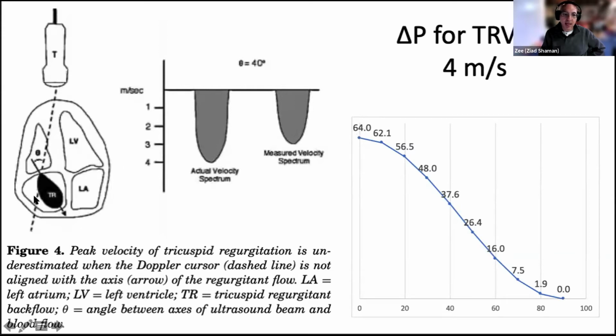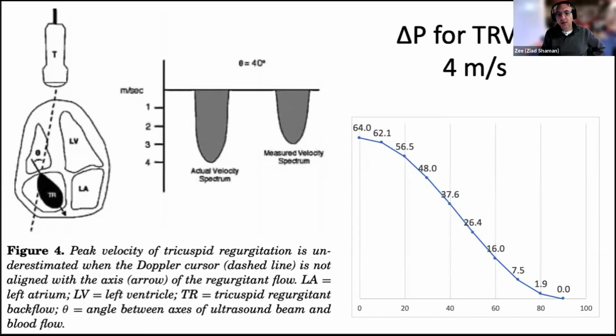But if you're, let's say, 20 degrees off, then this reduction in the measurement from 4 to 3 is going to push you down to 56. So about 10 points difference in the pulmonary artery pressure.